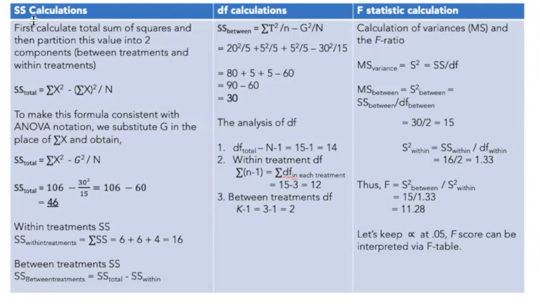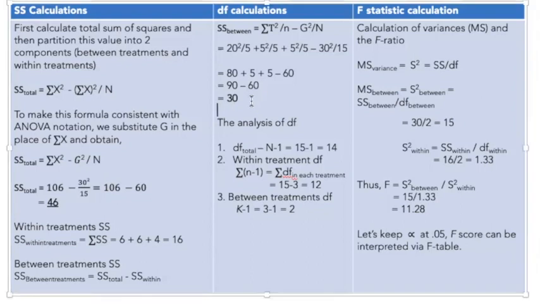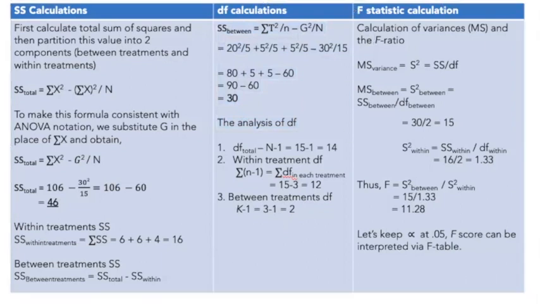So I put sum of square calculations on the left. This portion is also sum of square calculations, degrees of freedom calculations here, and then F statistic calculation here. Now, here's what you got to do. First, calculate total sum of squares and then partition this value into two components, between treatments and within treatments.